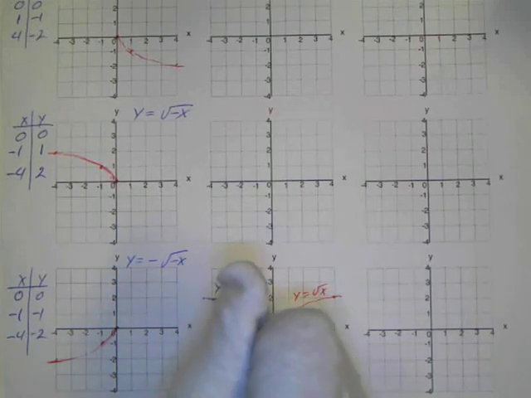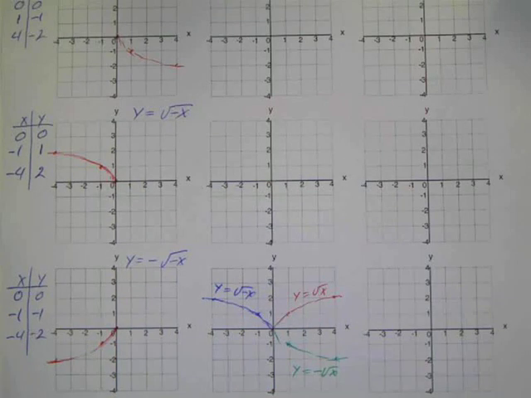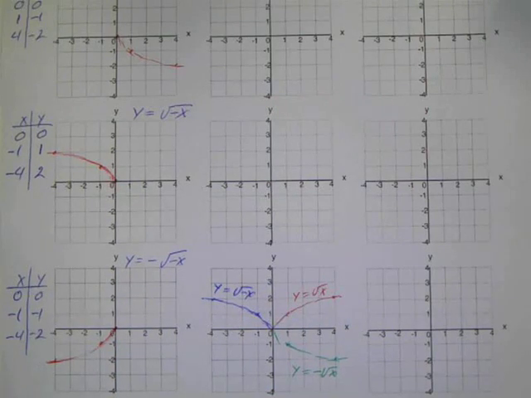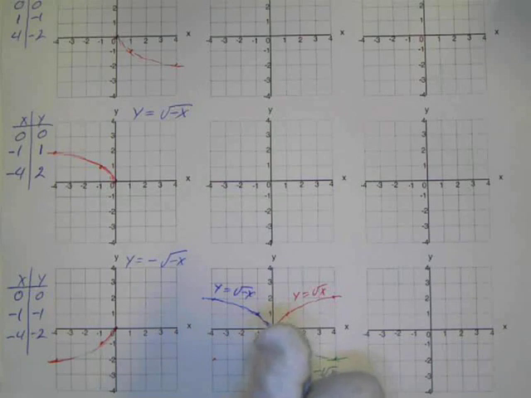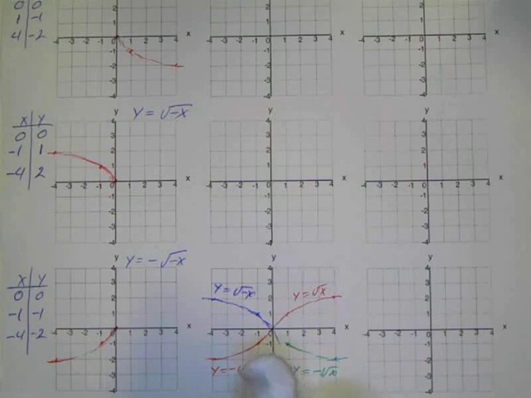And this is y equals the square root of negative x. And I'll just use this one again. And this is y equals negative the square root of negative x. So those 4, you really want to make sure that you can handle those.